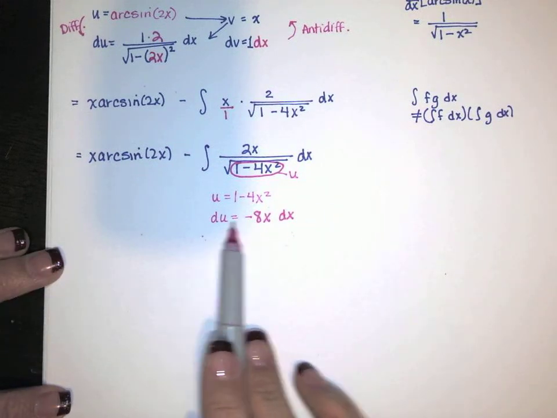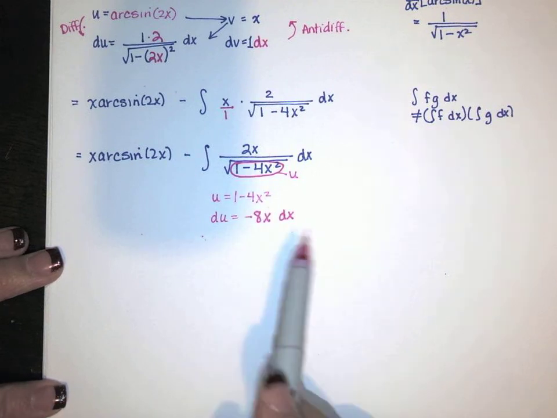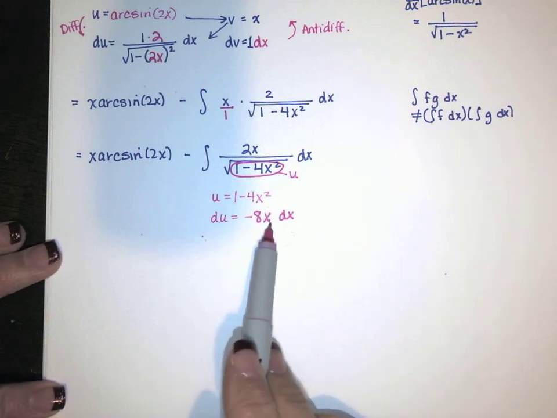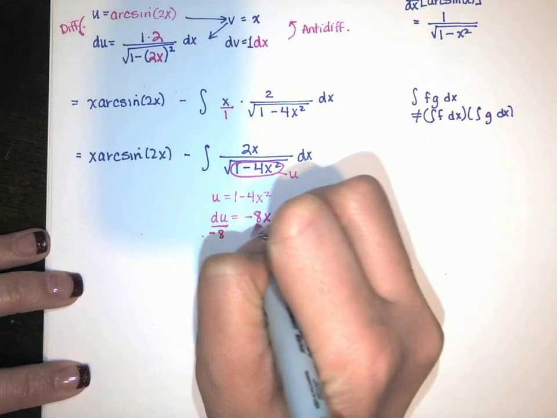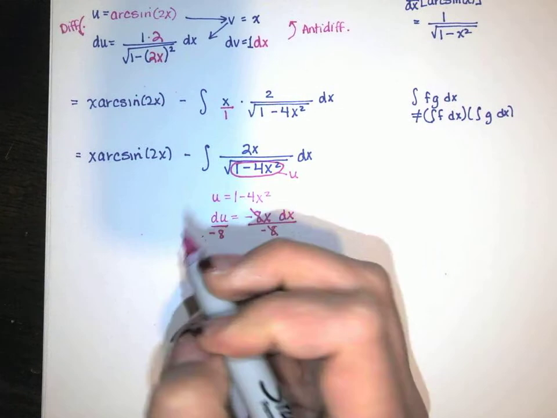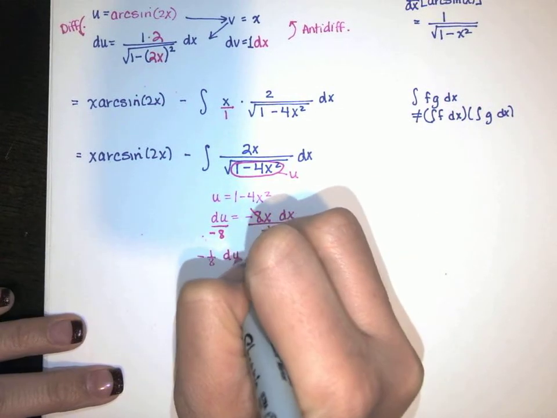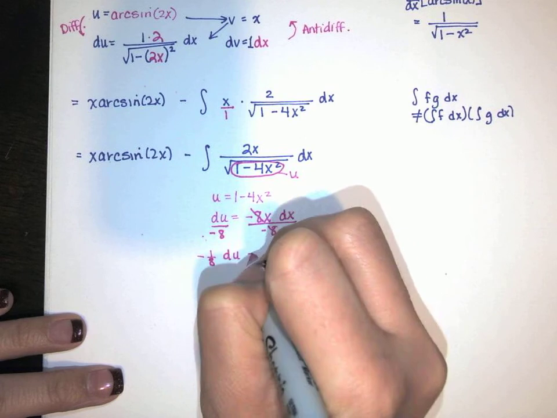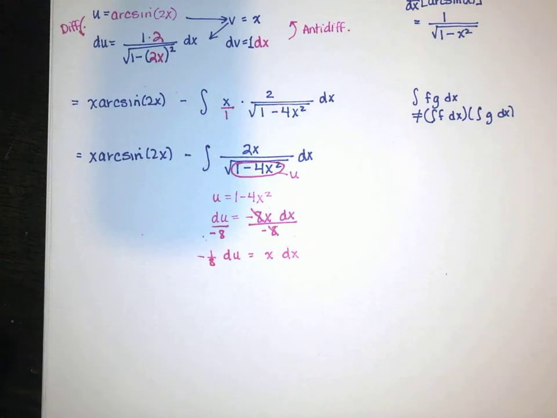I could divide this by 4 to get the negative 2x dx, or I could just divide by negative 8 to get the x dx by itself. This time I think that's what I'm going to do. I try it both ways because I know some students are more comfortable with one way and some with the other.